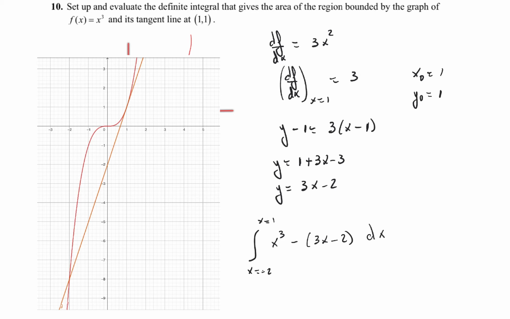So, what is the slope of the function x cubed? 3x squared. What is the slope at the point x equal 1? The slope at the point x equal 1 is 3.